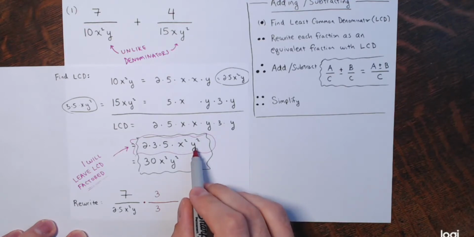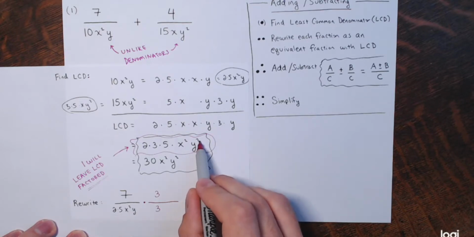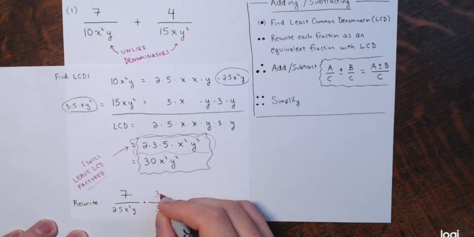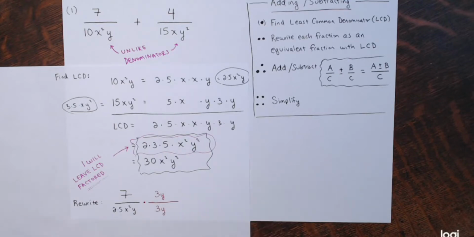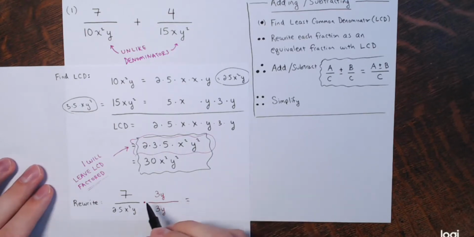Also, though, there's a factor of y that's missing in this denominator. Because the LCD has y to the second. This has y to the first. So I need to also multiply by a factor of y in the numerator and denominator. Alright, so that gives me this fraction. Now, like I said, I'm gonna keep denominators factored, and I'm gonna multiply the numerators.